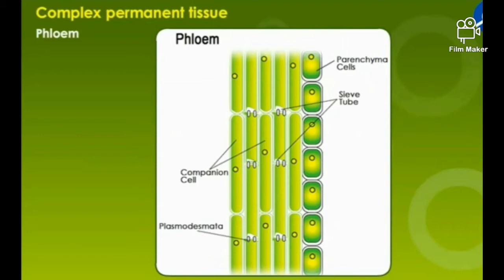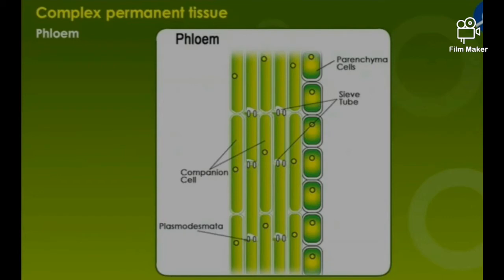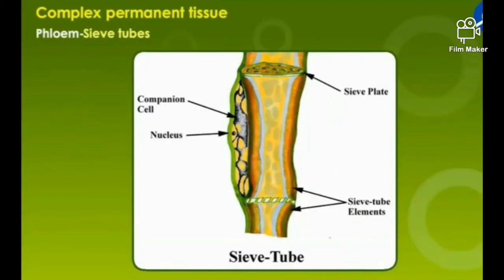Now, let us focus on discussion of sieve tubes. Sieve tubes. These are long tube-like structures composed of thin-walled living cells without nuclei. Each cell is called a sieve tube element. The cytoplasm is confined to a thin peripheral layer.